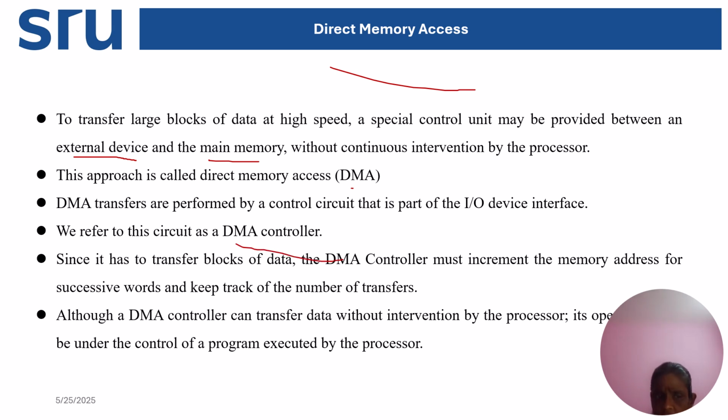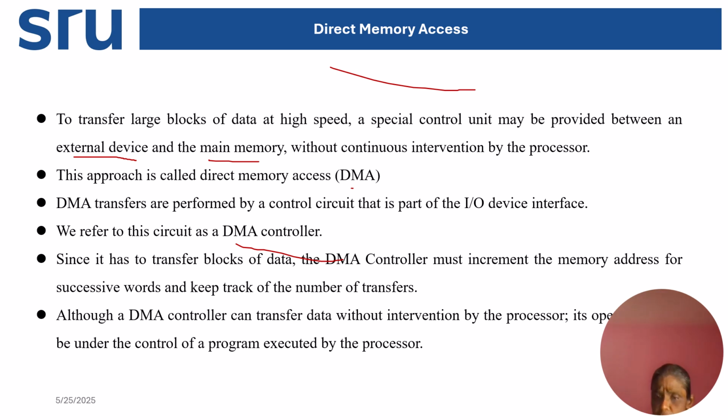Since it has to transfer a block of data, the DMA controller must increment the memory address for the successive words and keep track of the number of transfers. So it is the main function performed by the DMA controller. How many blocks of data are transferred, that is important.